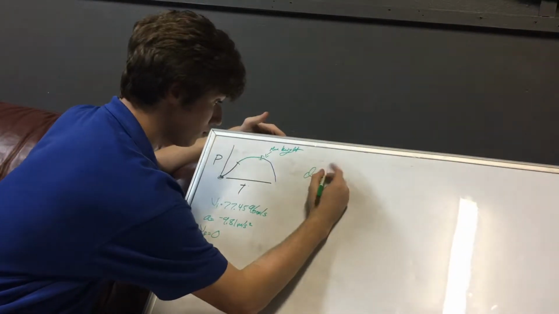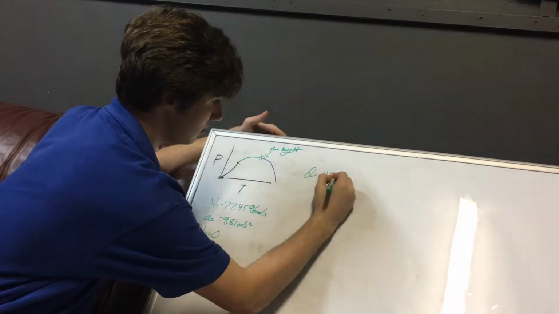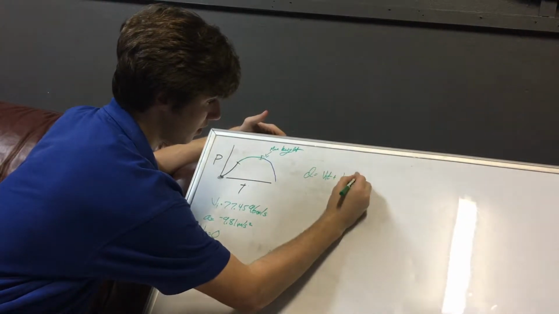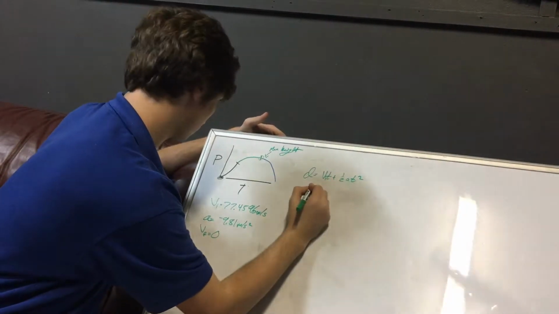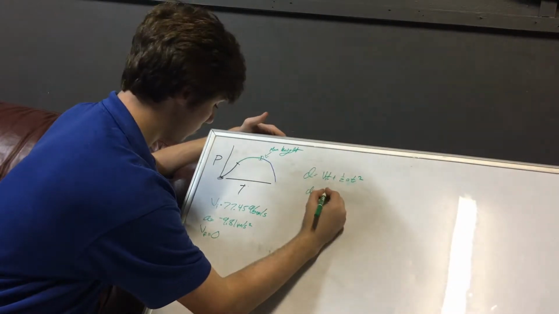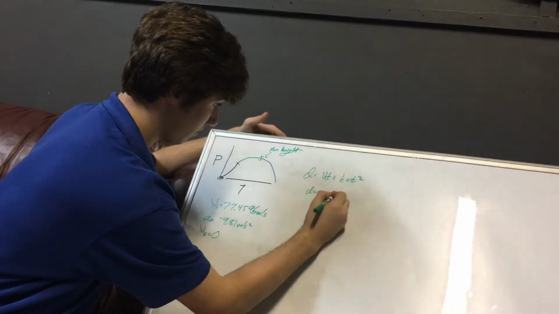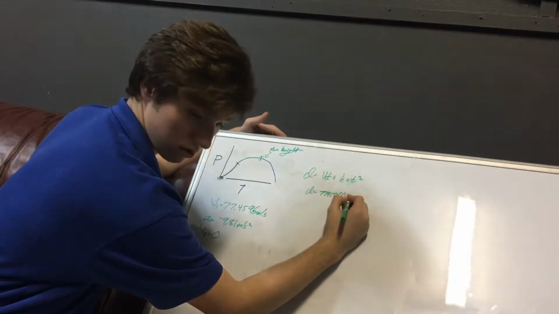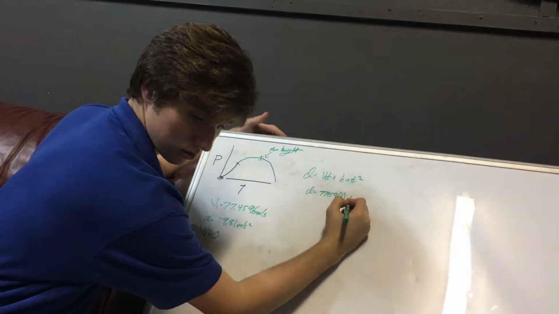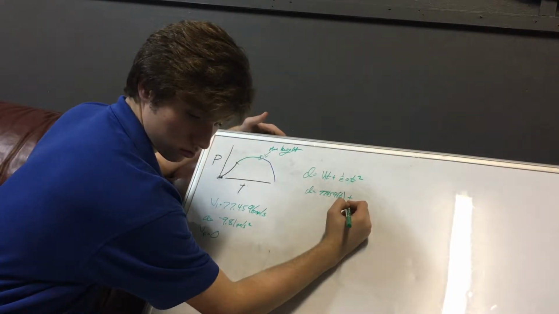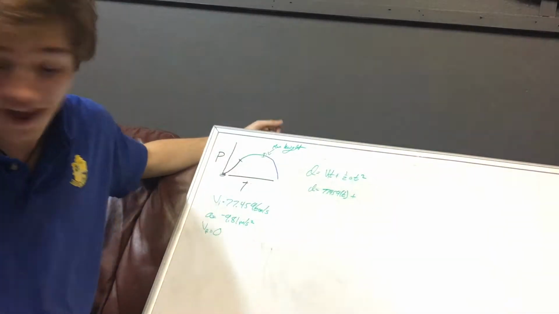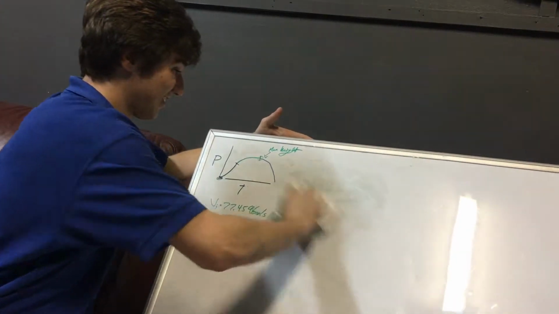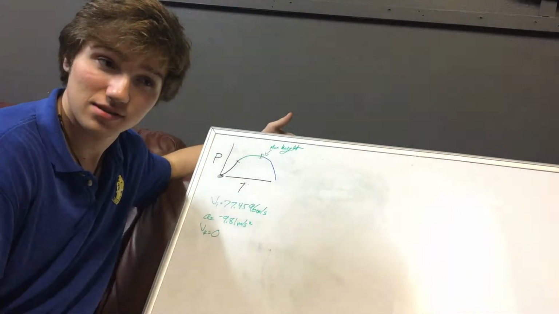So d equals VIT plus 1/2 a t squared, so d equals 77.459 times t plus, this is the wrong formula. Cut this, please. Forgot.